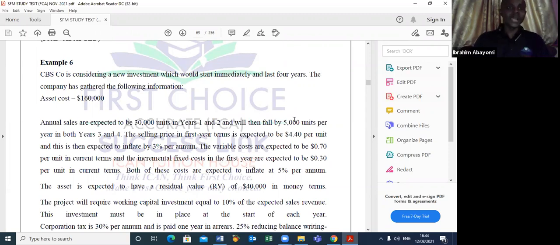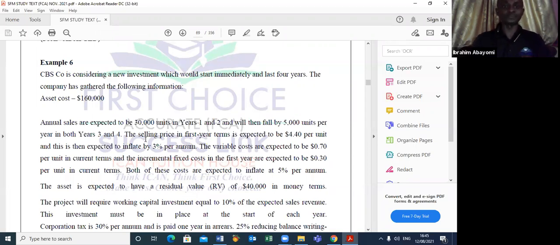Annual sales are expected to be 30,000 units in year 1 and 2, and will then fall by 5,000 units per year in both years 3 and year 4. The selling price in the first year is expected to be $4.4 per unit, and this is then expected to inflate by 3% per annum.